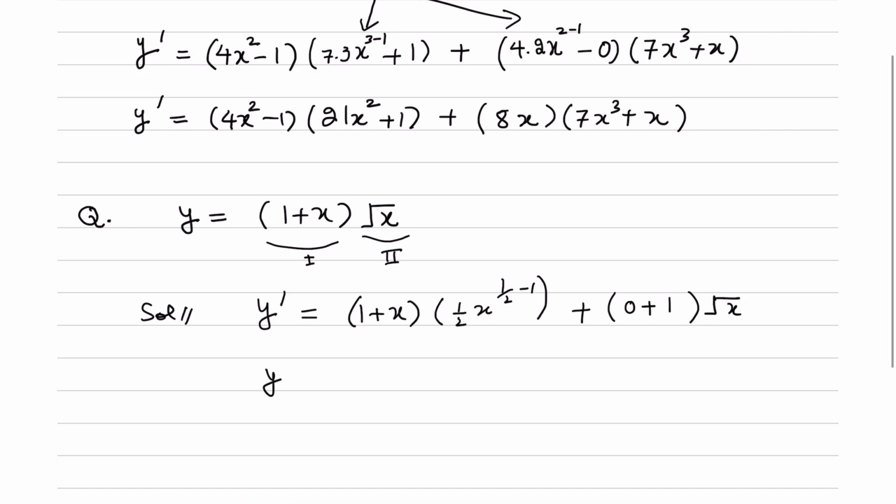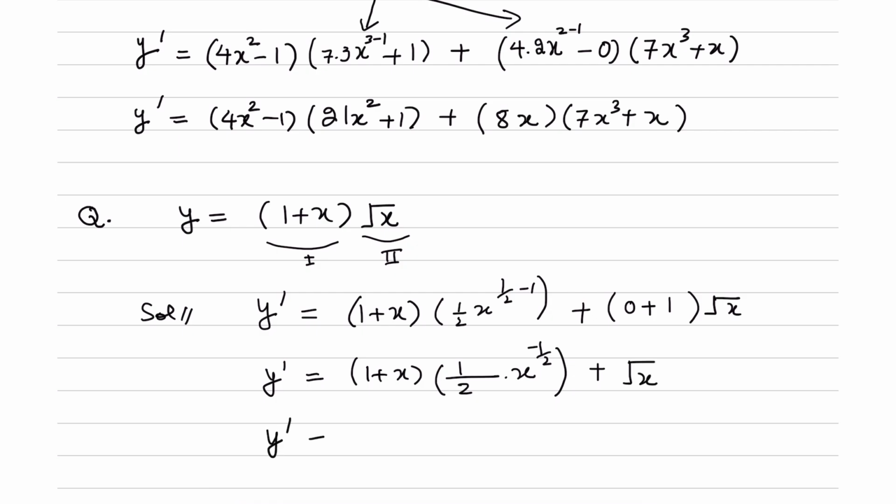We can simplify this expression as (1 + x) times 1/2 times x^(−1/2), plus 1 times the square root of x, which is just the square root of x.